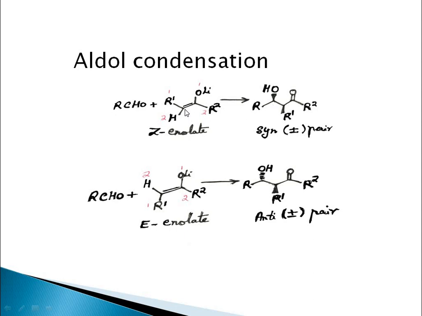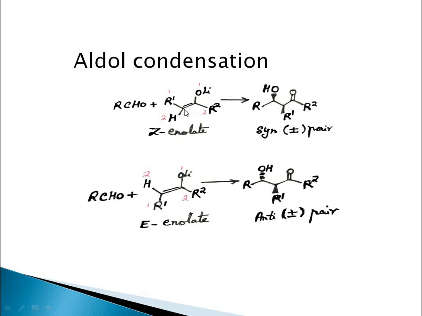How? Syn. When this condenses, this will condense with this, this is C positive, O negative. So C positive will attack this electron pair, and a new carbon-carbon bond will be formed between this carbon, which has this R1 attached to it, and here there is R2 at the other end.